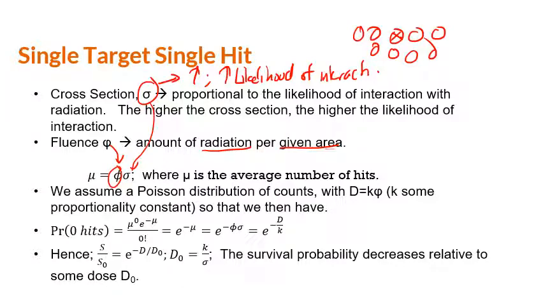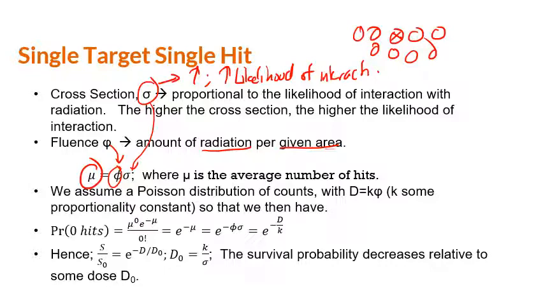So, anyway, so your mu, yung possible number of hits is equal to yung fluence. Ano ba yung fluence? Yan yung number of radiation per given area times the likelihood of interaction, which is given by your cross-section. Okay, so yan yung average number of hits, which is given by mu.